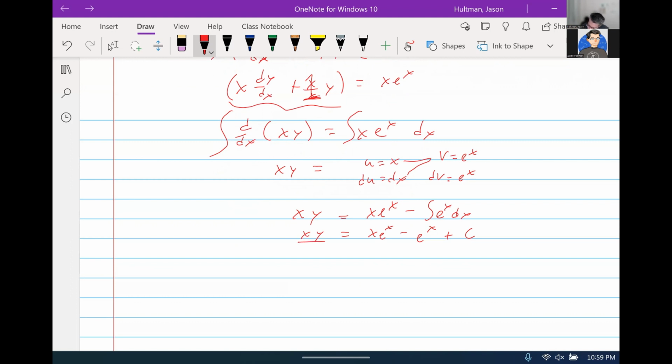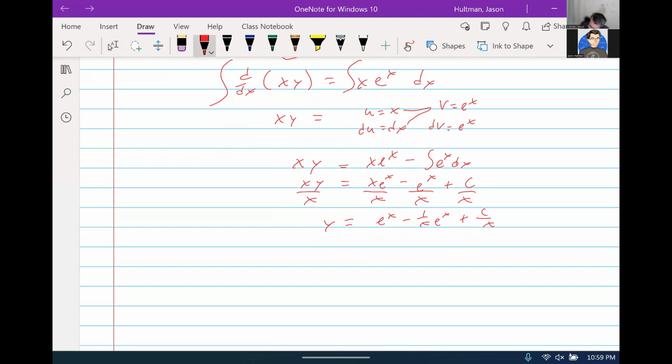Now I'm going to divide through by x, because there's an x in the first term. It will be fine. So then we get y equals e to the x minus 1 over x e to the x plus c over x.